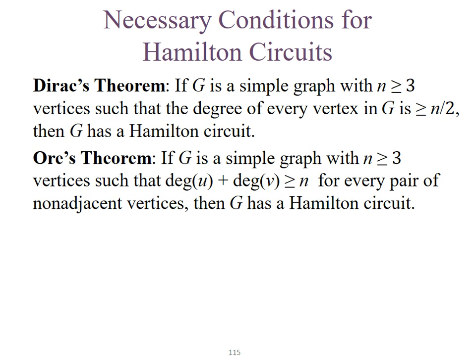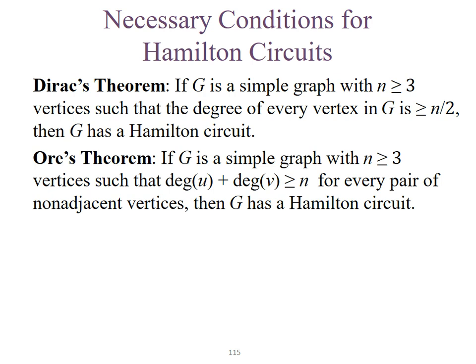We only have the equivalence of if P then Q is if not Q, then not P. But if it is not satisfying this condition, you cannot say G has no Hamilton circuit. We can only say we don't know whether G has a Hamilton circuit or not. It cannot be determined based on the Dirac theorem. So we call this a sufficient condition. You need to use this theorem very carefully.